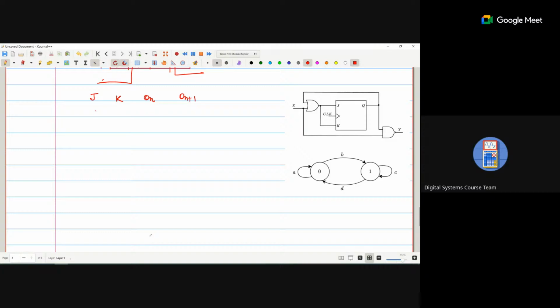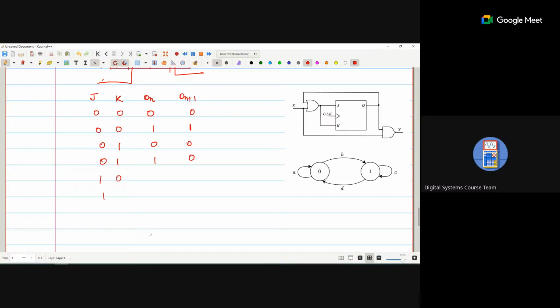When J and K both are 0 0, if Qn is 0, we are getting Qn plus 1 as 0, and when it is 1, we are getting 1. When JK is 0 1, in every situation the output is 0.